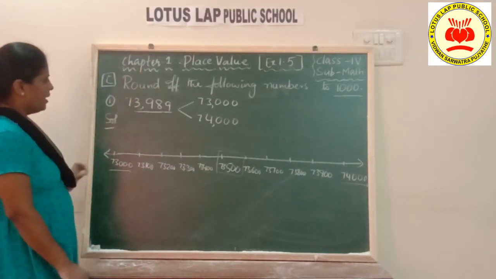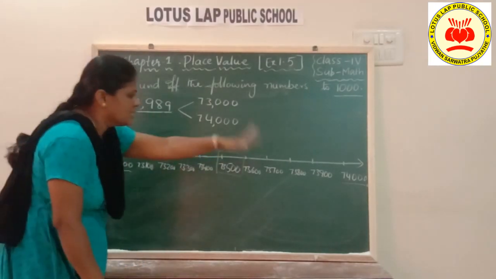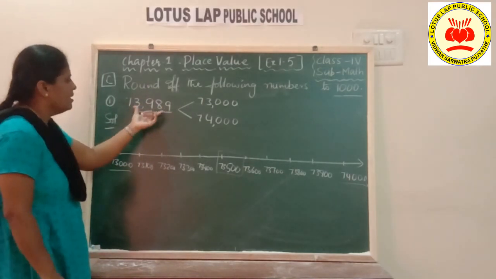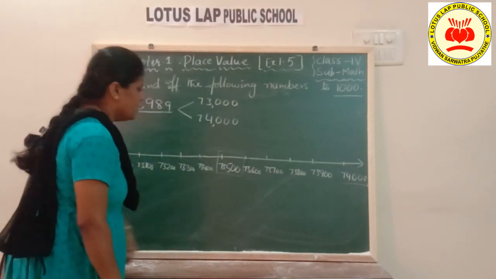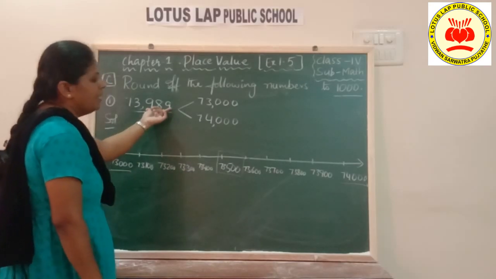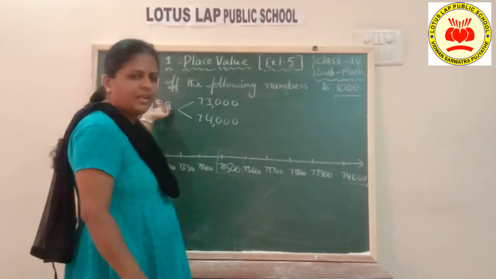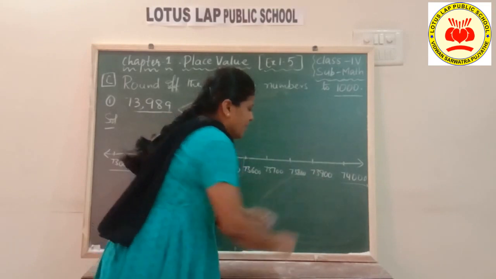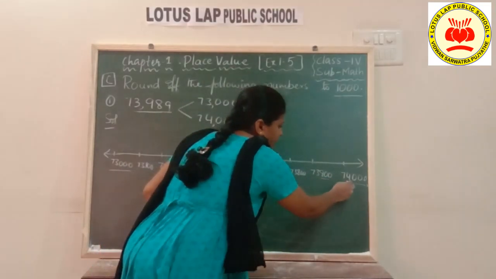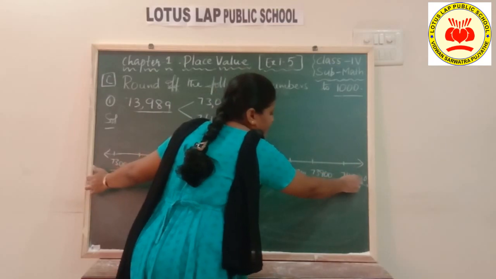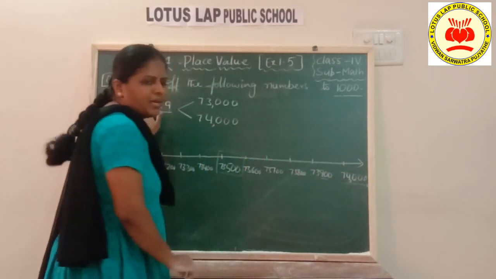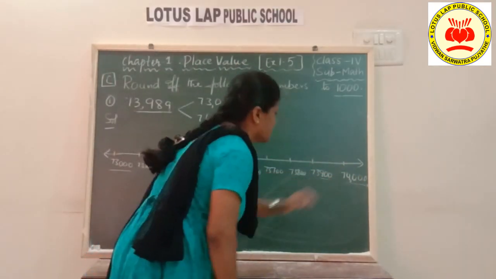Now let us see where our number is lying on this number line. 73,989. All are in 73,000s only. Just identify 989. 989 is lying between 900 and above. So this is 73,900 and 74,000. This number is lying between these two numbers, children.